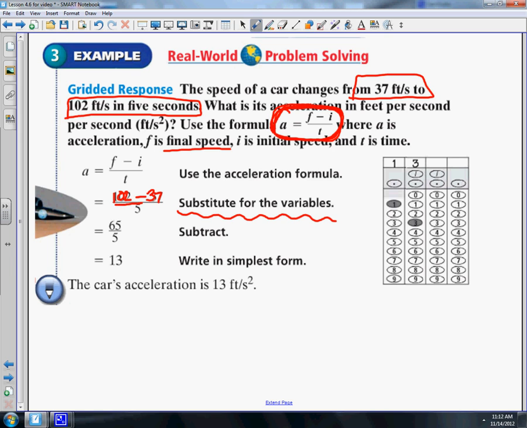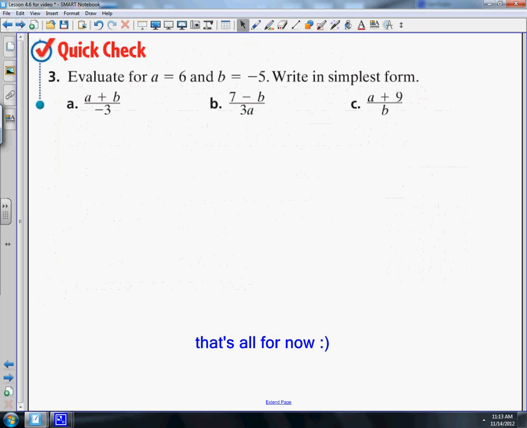And then I'm going to put it over 5 because they said, what is the acceleration in feet per second? So 5 is the time. So 5 seconds in feet per second, so you want the 5 right there. So 102 minus 37 is 65 divided by 5 is 13. The car's acceleration is 13 feet per second.